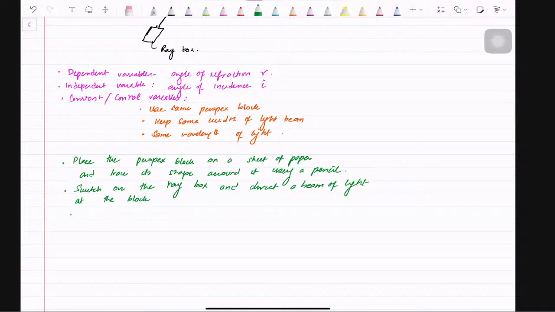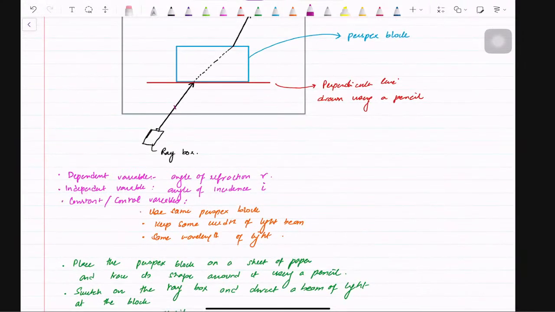Then mark using a pencil number 1, a point close to the ray box. What I'm saying is, wherever it's going, you can mark it like X here.